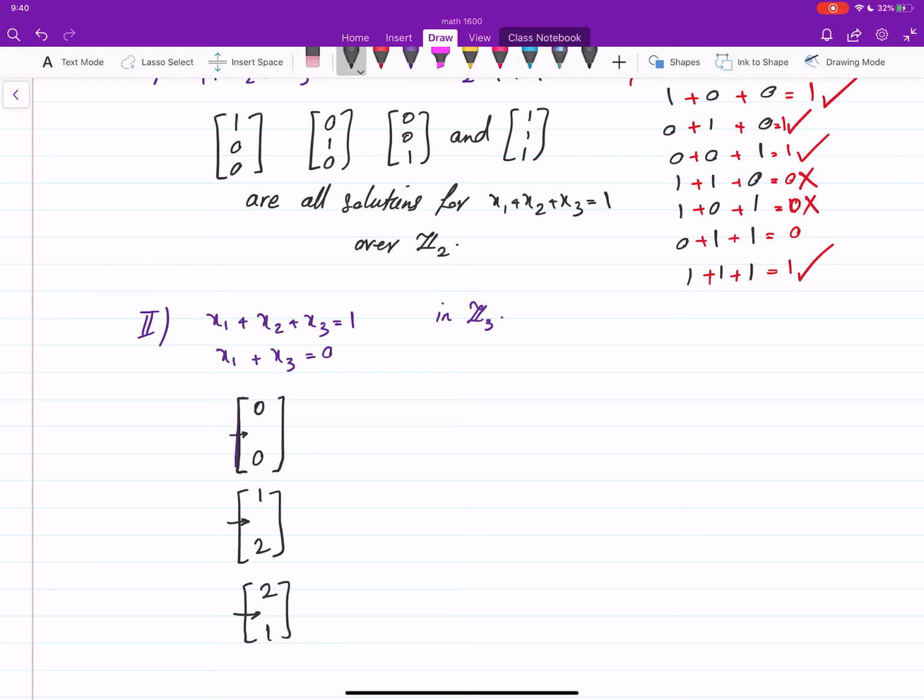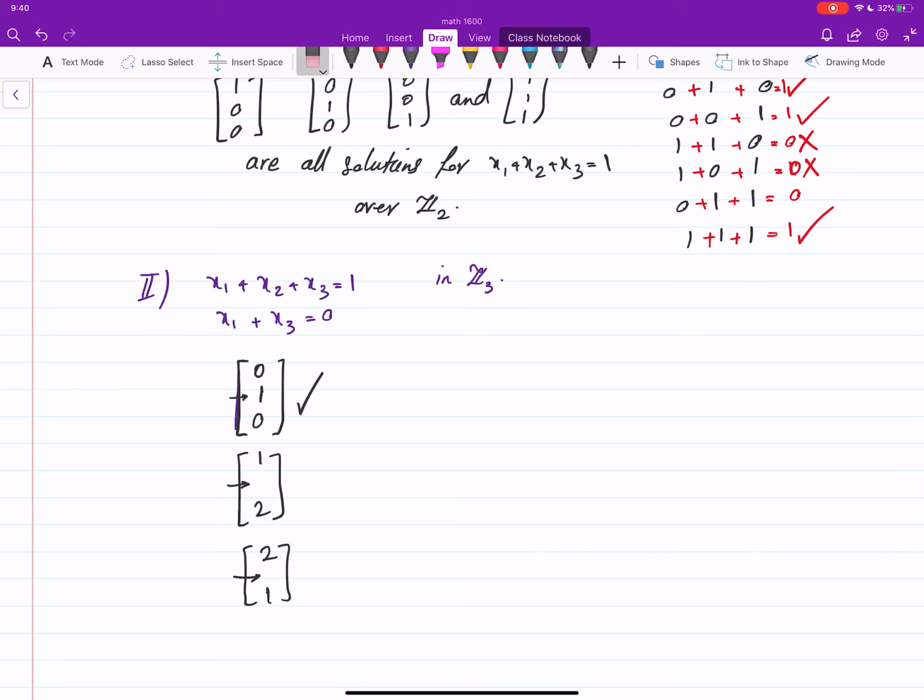Now, 0, 0, 0 is not a solution because it doesn't satisfy the first equation. Adding zeros, you get 0, it's not 1. 0, 1, 0 is a solution. Is there any other possibility? No, if I put 0, 2, 0 and add them, I don't get 1.